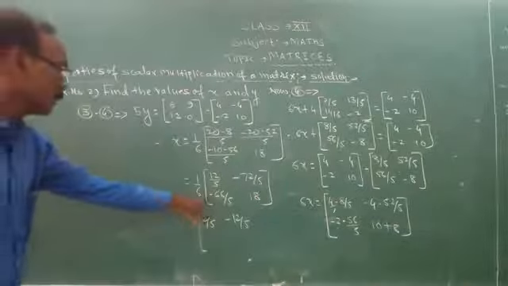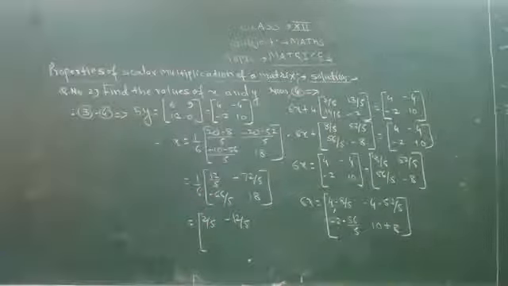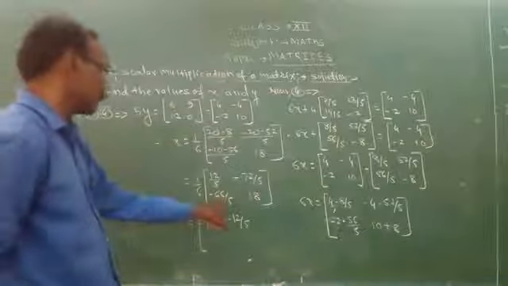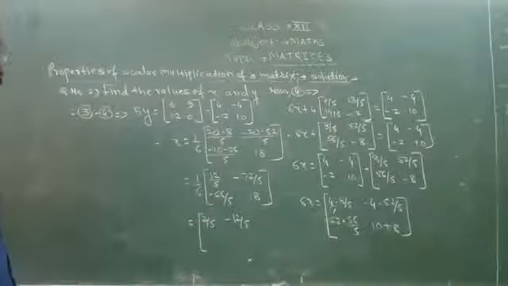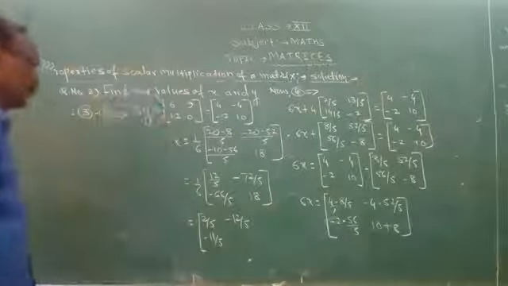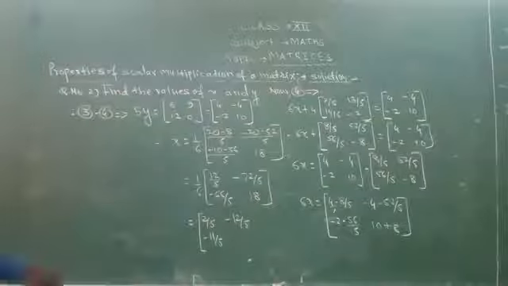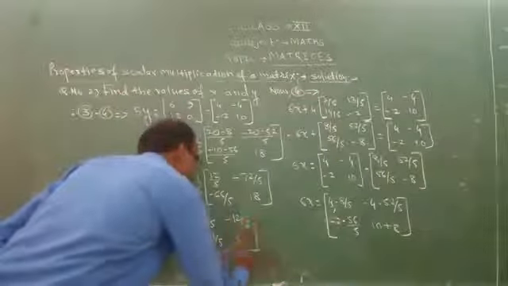Then minus 66 by 5 into 1 by 6 gives minus 11 by 5. Then 18 into 1 by 6 is 3.